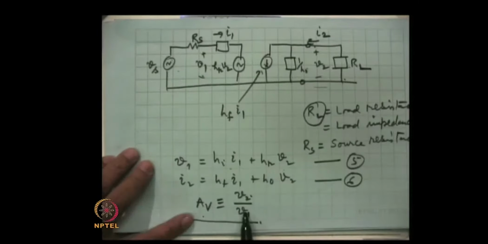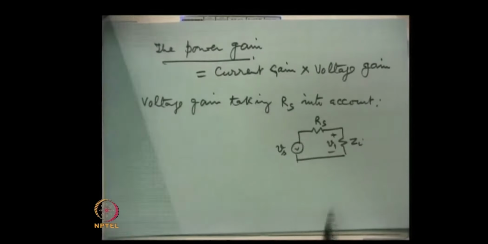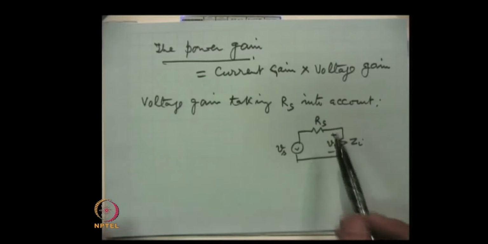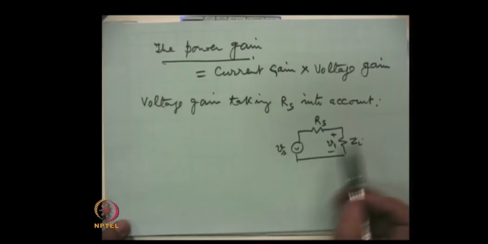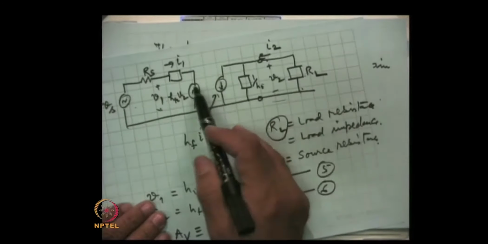In the derivation of this expression we have ignored this part. Now, we can see through this voltage divider circuit, this is the input impedance of this amplifier.